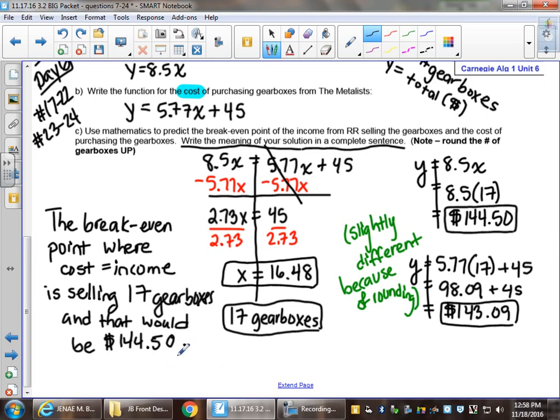Remember, at this value, they have not actually made any money. All of that profit would be to cover their cost. So they would be profitable, they would be in the green once they sold their 18th gearbox.